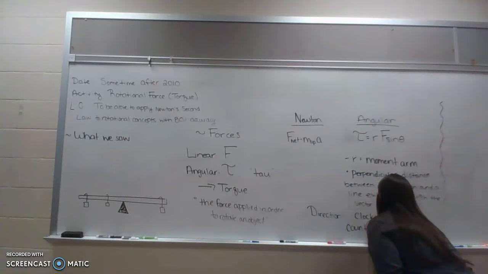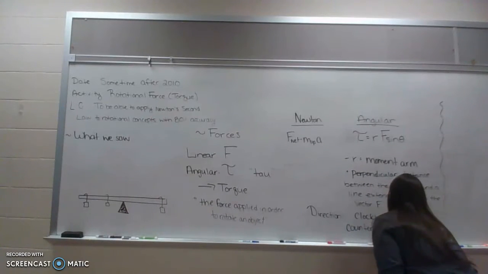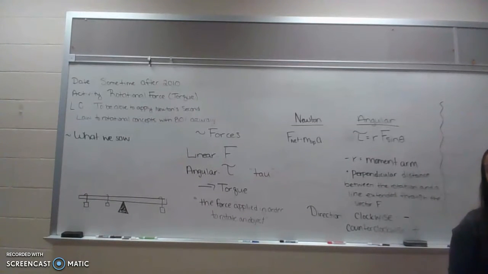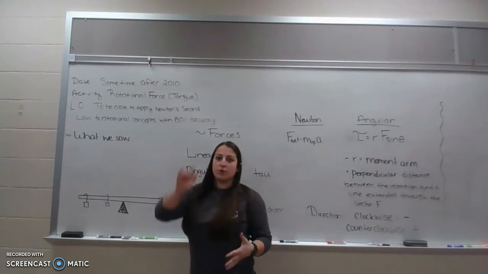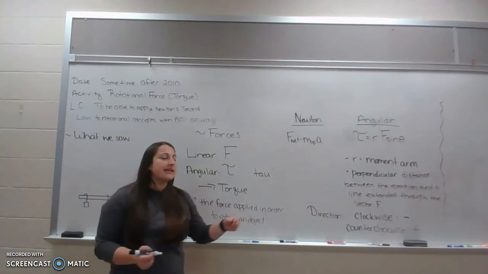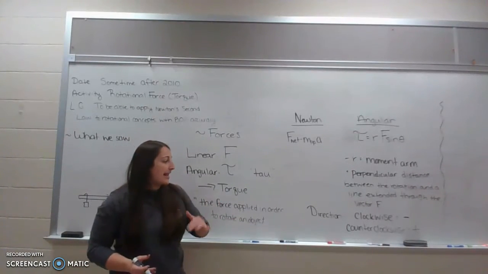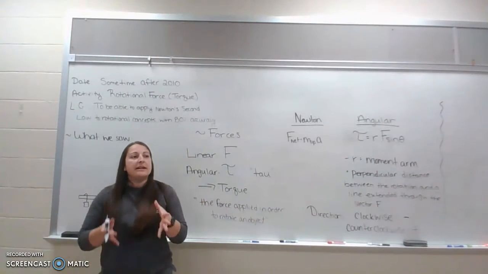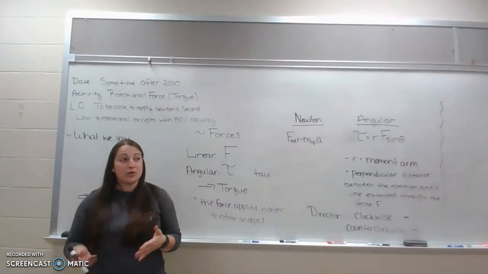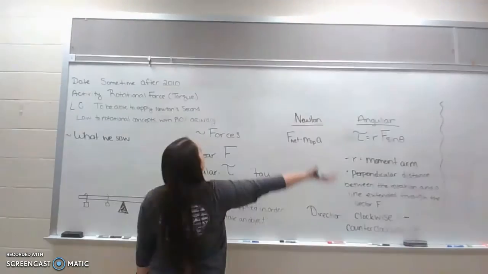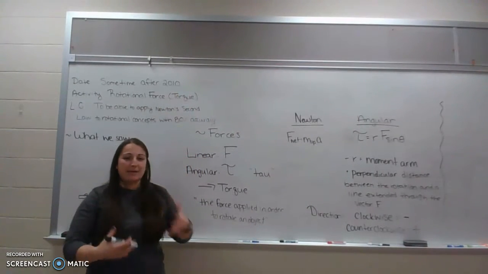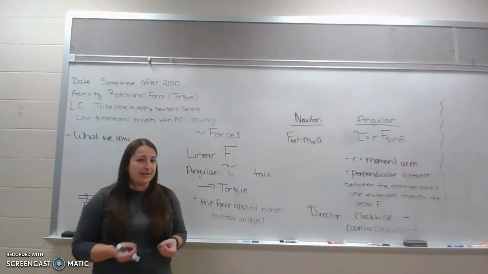Counterclockwise is going to be positive. So what you typically think, like, oh, the clock turns clockwise, it's going to be positive, that's not the case here. And I think probably the best way to think about this, that counterclockwise is going to be positive, is because we're dealing in radians, right? Radians go along with that unit circle. The unit circle goes this way. It goes counterclockwise. So that's kind of my best explanation as to why that's going to be the case.